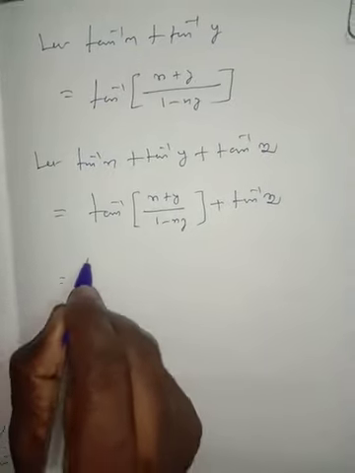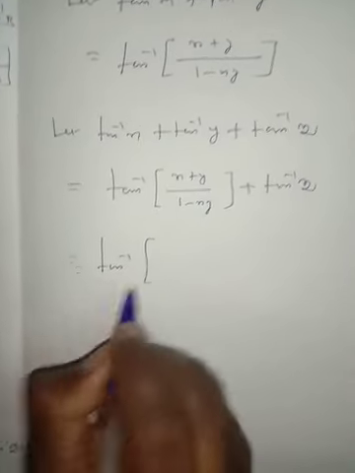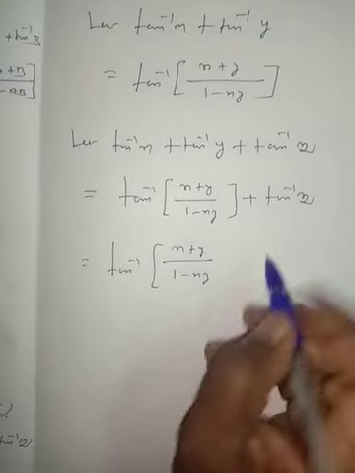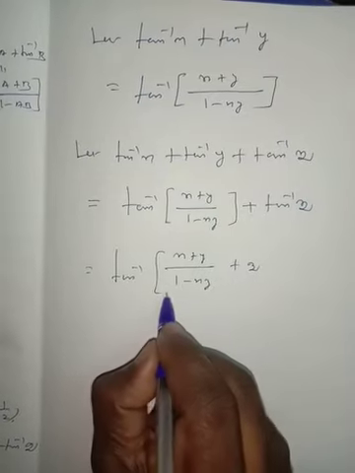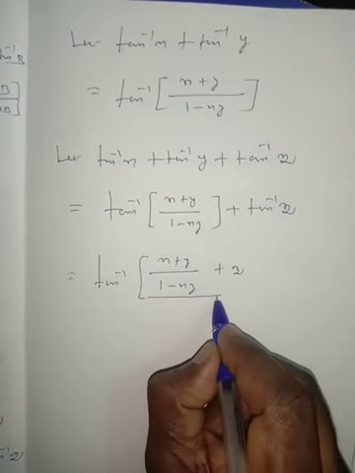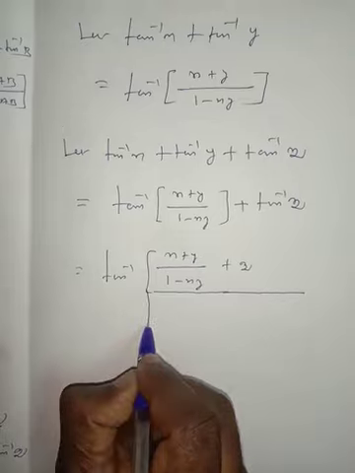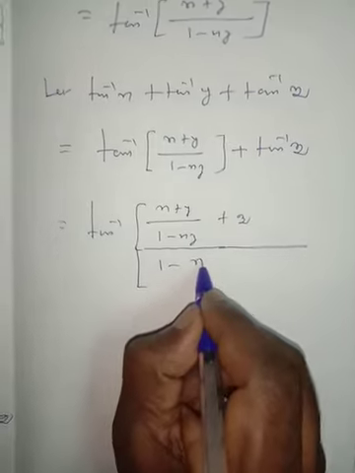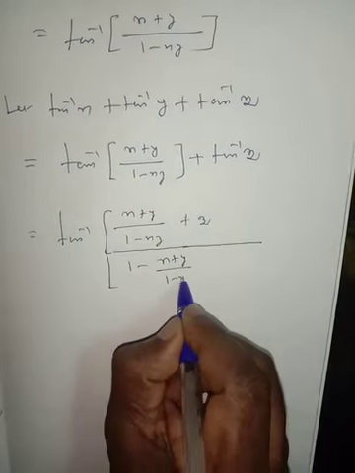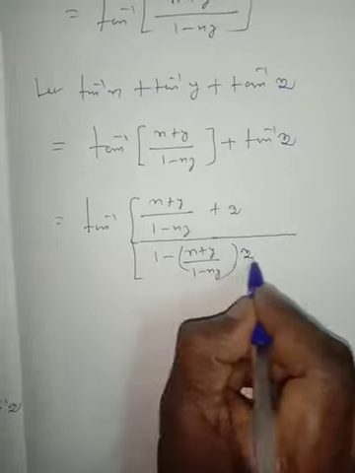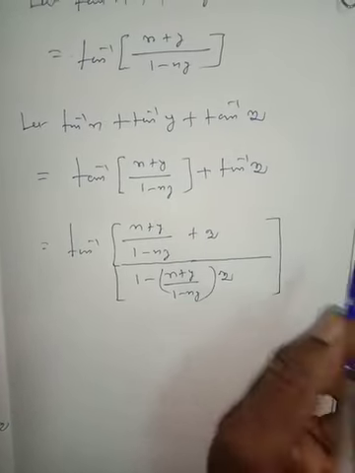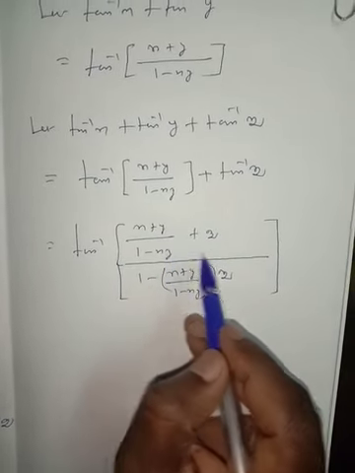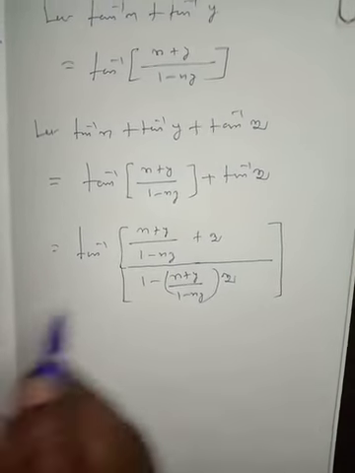Again tan inverse of x plus y by 1 minus xy plus z divided by 1 minus x plus y divided by 1 minus xy into z. Using the formula tan inverse of a plus tan inverse of b is tan inverse of a plus b divided by 1 minus ab.